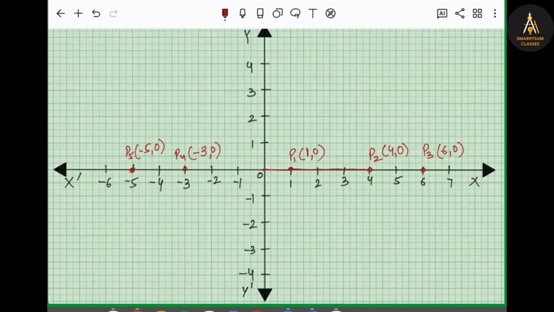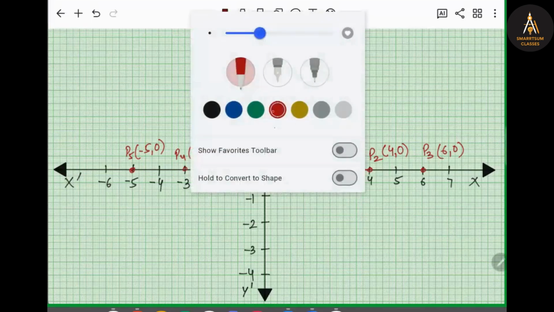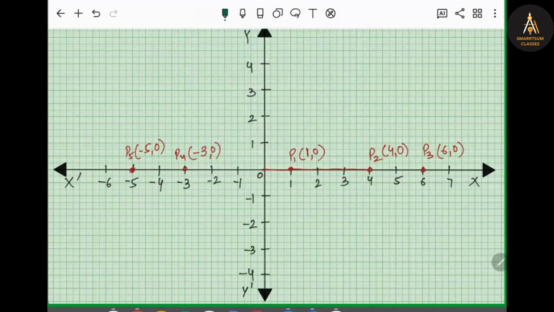Similarly, suppose we have some other points, this one, this one, this one. Now, if we find out the coordinates for this point, suppose this is P1, what is the coordinate for this point?